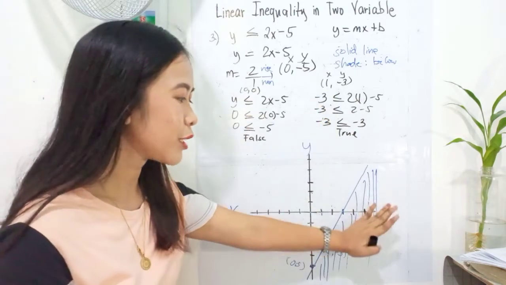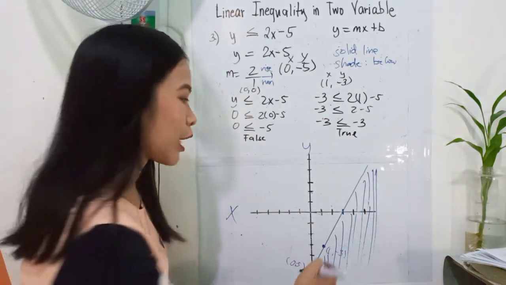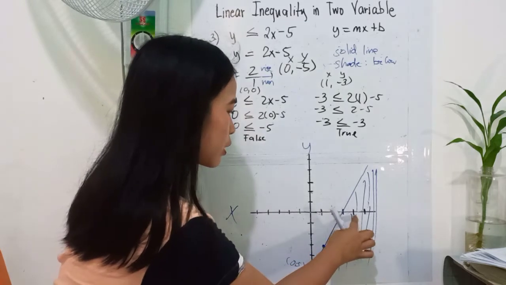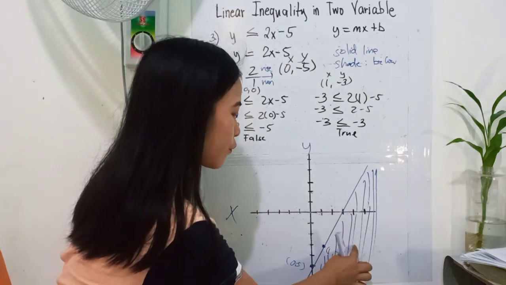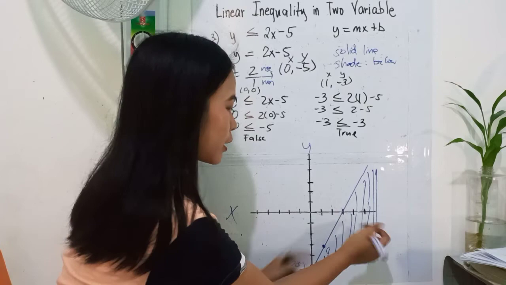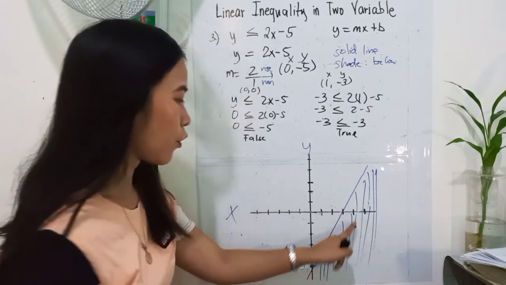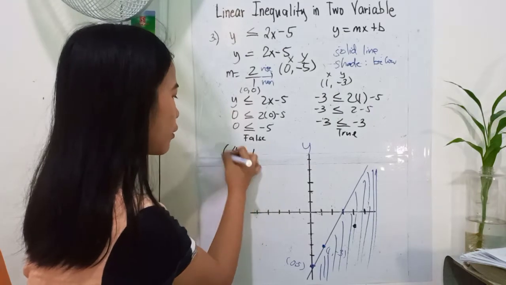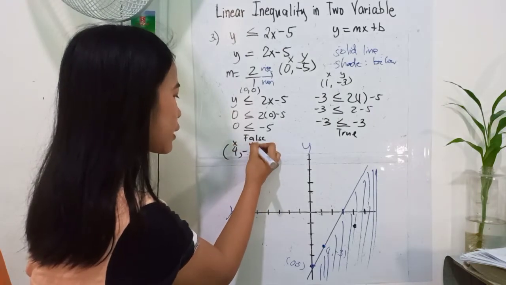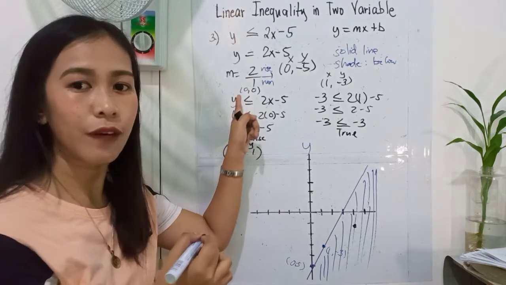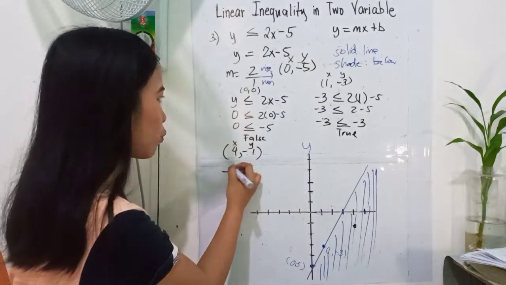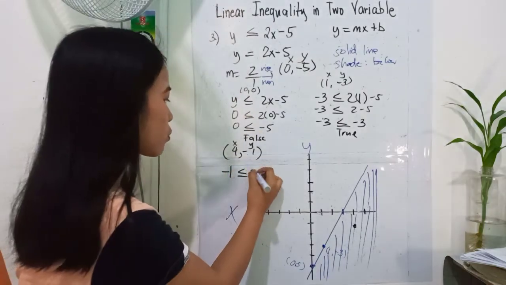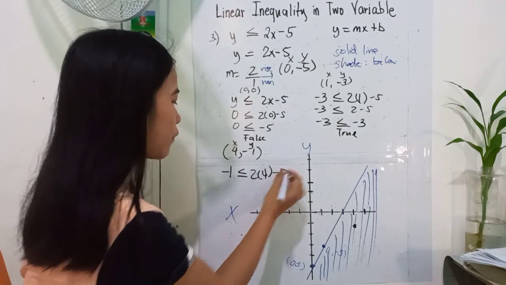Okay? Kuha naman tayo dito sa may shaded region. Dito tayo kumuha. So, pwede natin gamitin itong positive 4 tsaka negative 1, itong point na to. So we have 4 and negative 1. X is 4, y is negative 1. Substitute ulit the value. Y is negative 1, less than or equal to 2 times positive 4 minus 5.